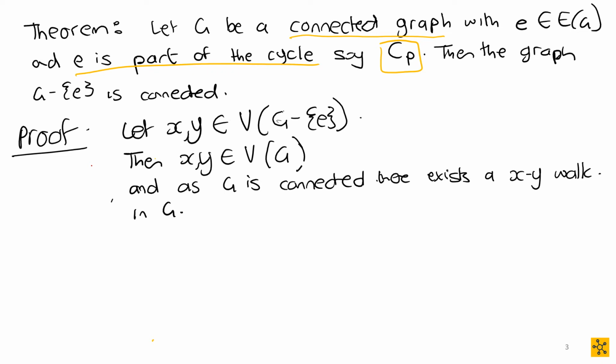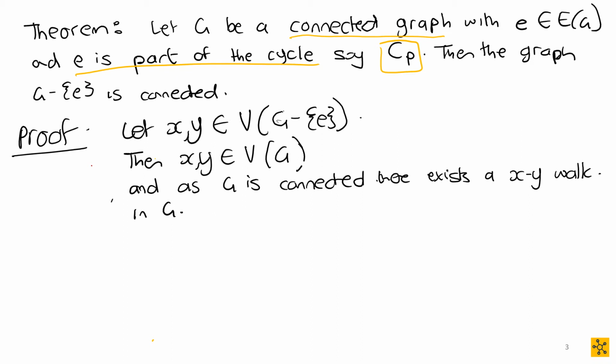It's the easiest one. We say, okay, again, we've selected two arbitrary vertices, x and y, and we say they are in the new graph, the graph where that edge is removed. But we know from what we've said about all our graphs, when we remove an edge, the vertices remain. So we know that these vertices are in our original graph. Then we say, well, we know our original graph is connected, and we know by the definition of connected that there is a walk between these two vertices. Then we start investigating this walk.